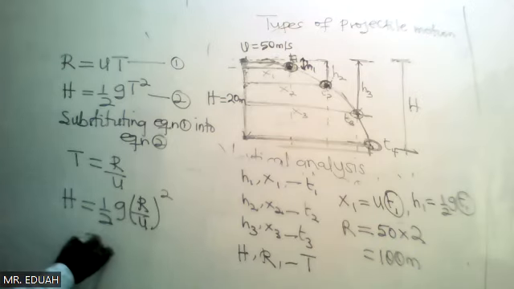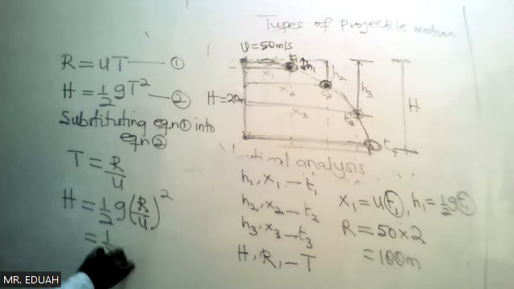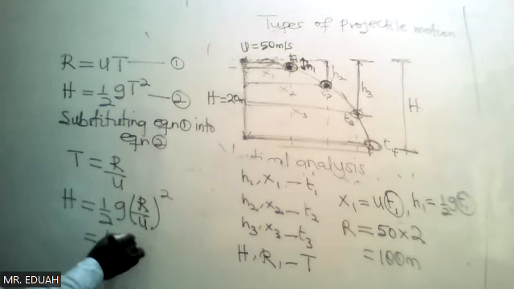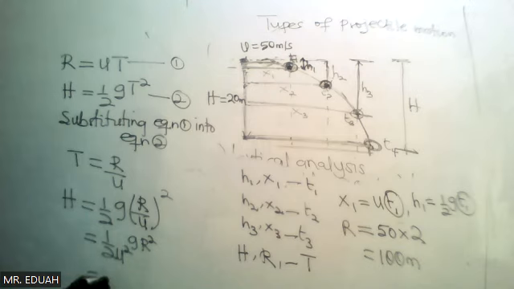When we play around with this, we have half J R squared over U squared, or J over 2U squared times R squared.